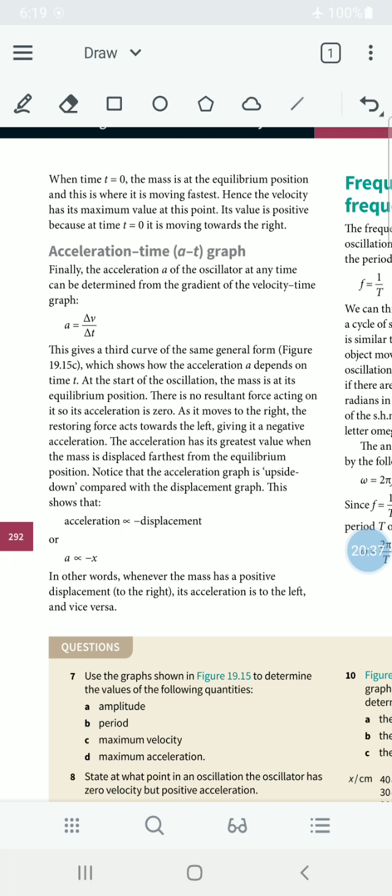At equilibrium position, there is no restoring force. As a result, the acceleration is zero.